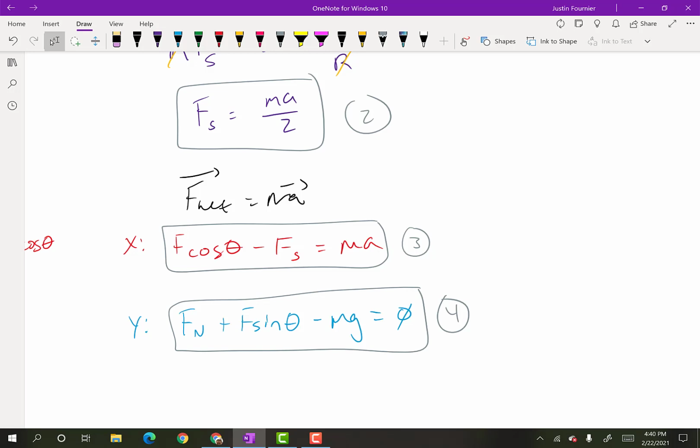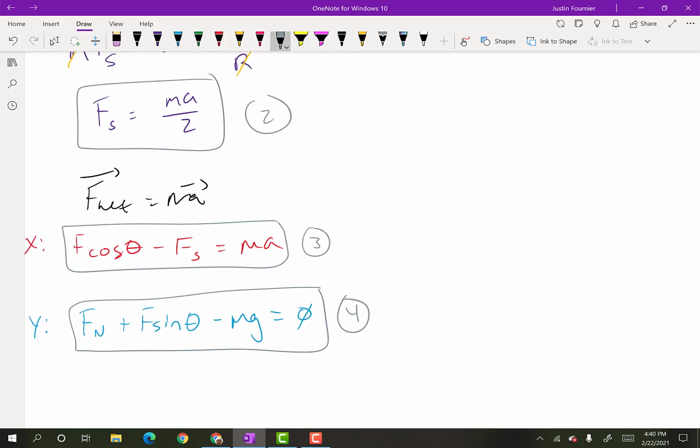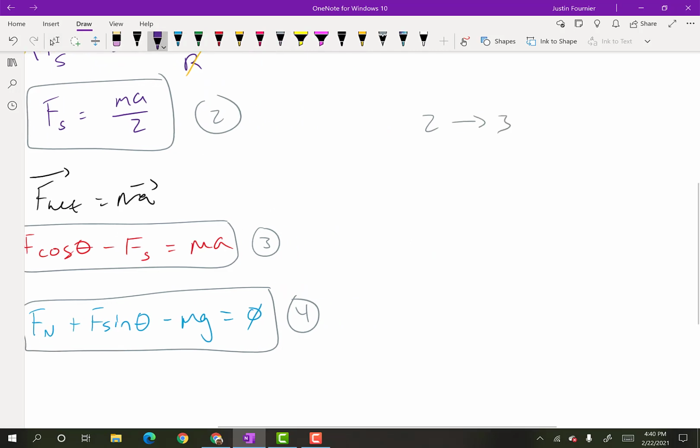So let me see. I'm going to take Fs and plug that in, so I'm going to plug equation 2 into equation 3. And so that's going to give me F cosine theta minus ma over 2 equals ma.